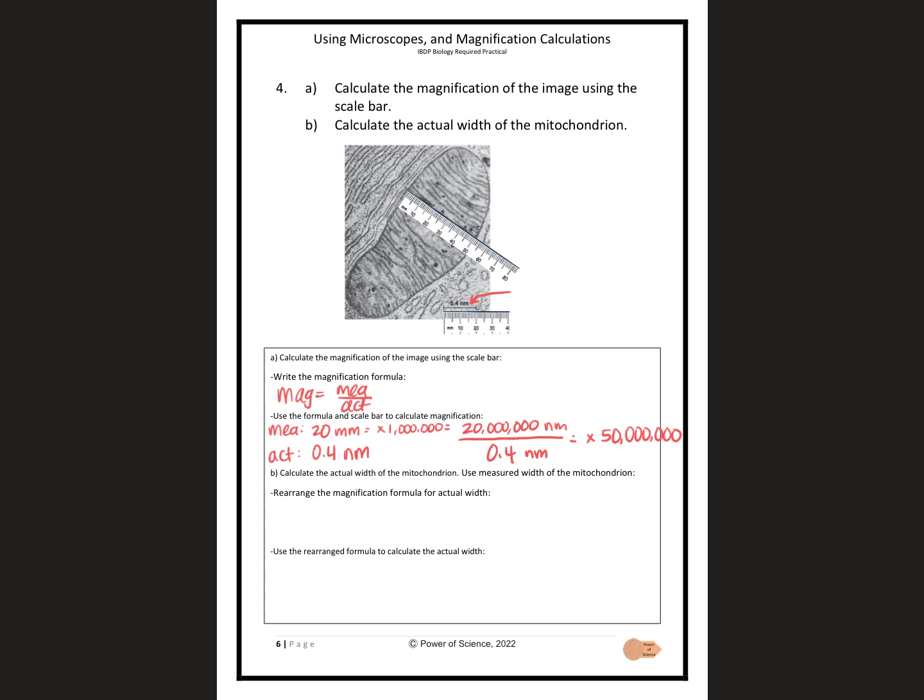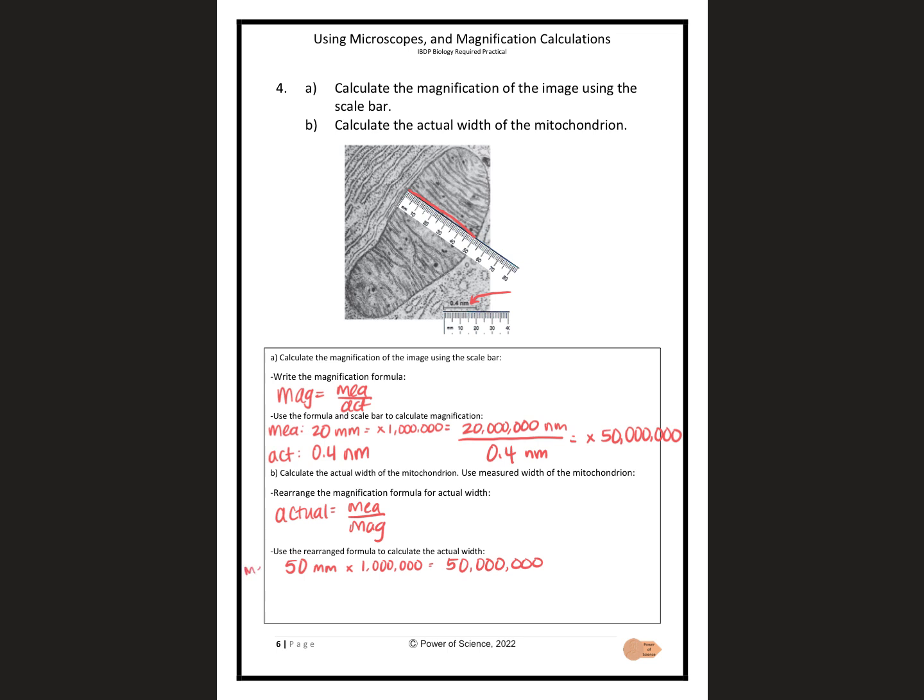All right, so we're going to do actual equals measured over magnification. So our actual measured amount here for this mitochondria is about 50 millimeters, but we're going to go ahead and multiply that by 1,000,000. And remember, you can wait till the end if you'd like, but 50 million is our measured length.